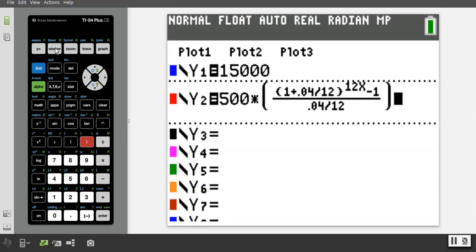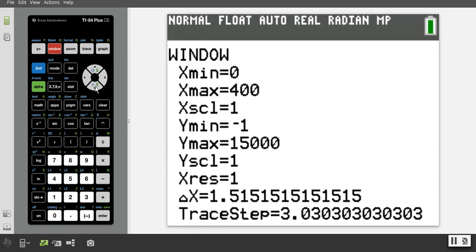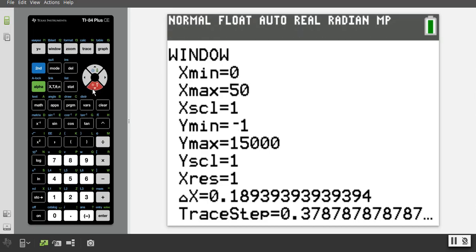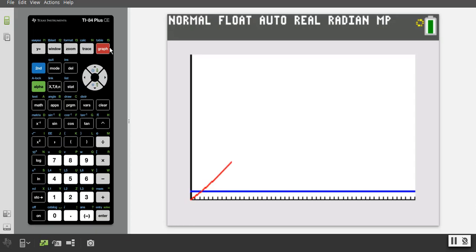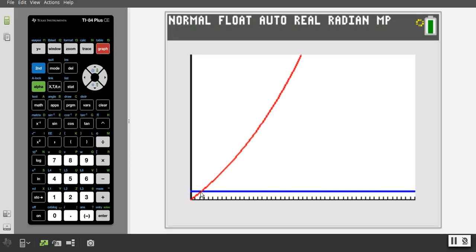So let's make the window somewhere between maybe 50, and for this, we could probably just make it 25,000. And then let's just go ahead and graph. We see that the intersection point is right down over here.